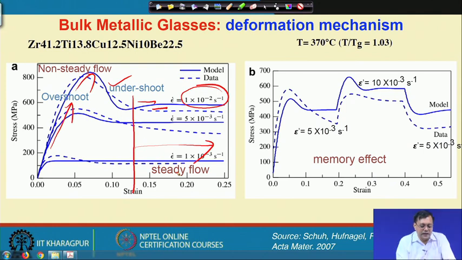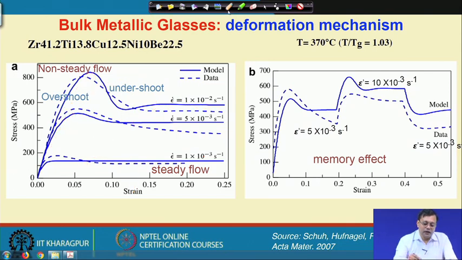This is the region where steady state flow is there, and here is the domain where we can see the non steady state flow. This is a very clear and very common example of a disordered solid for this type of flow.